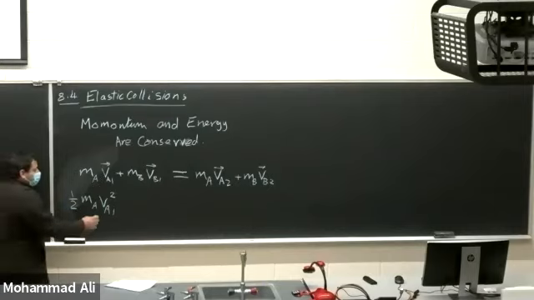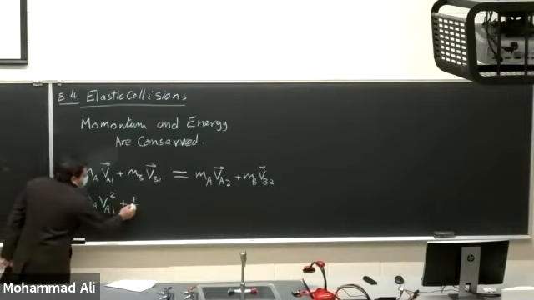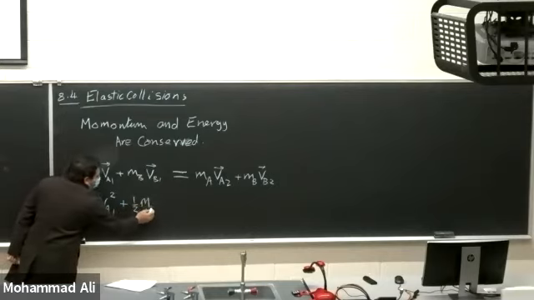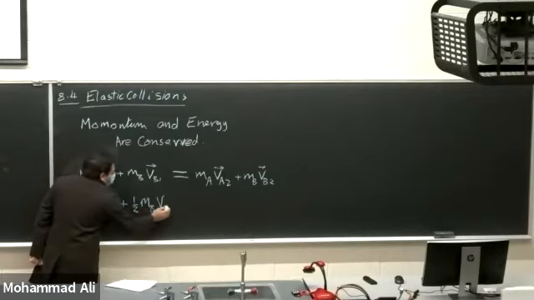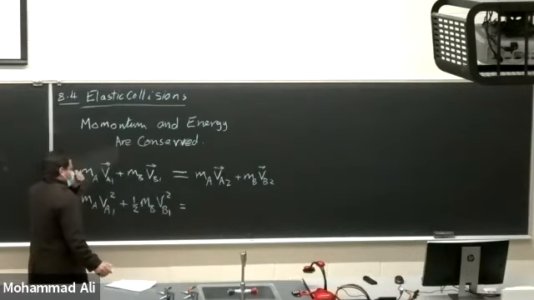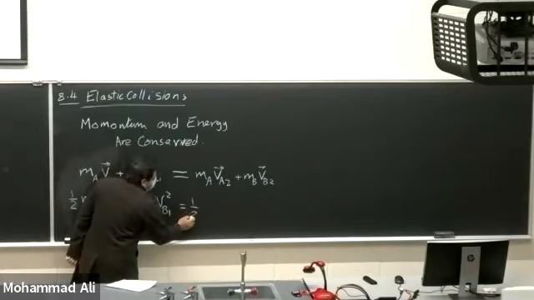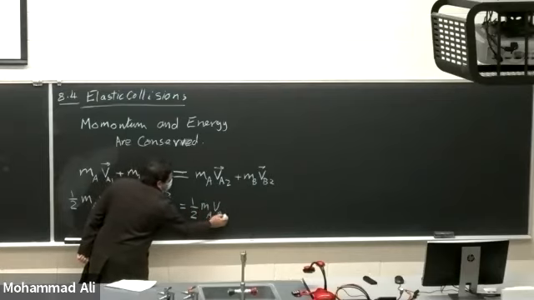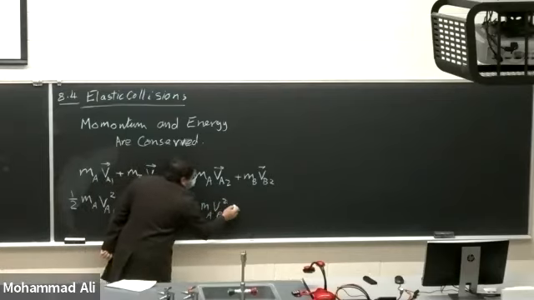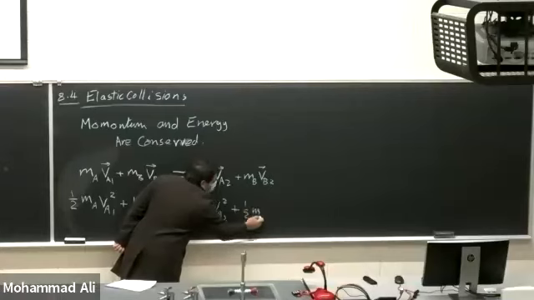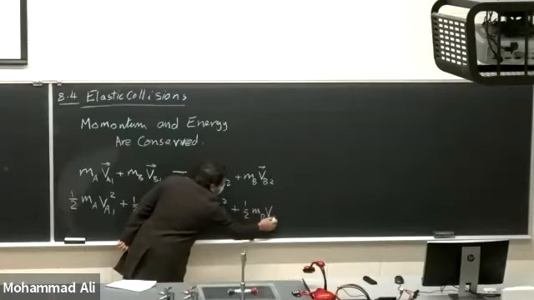So half m_A V_A before the collision squared, plus half m_B V_B before the collision squared, is equal to the kinetic energy after the collision: half m_A V_A after the collision squared plus half m_B V_B after the collision squared.